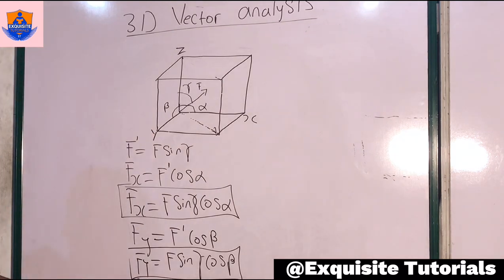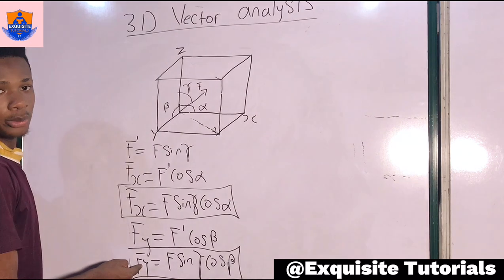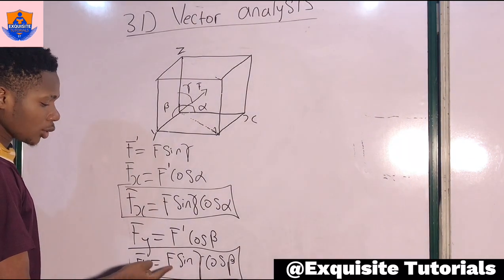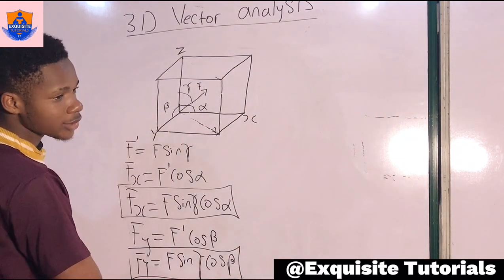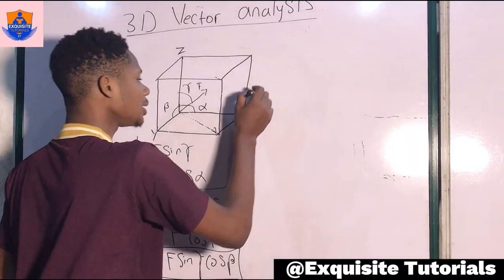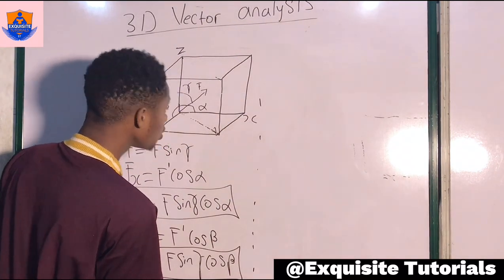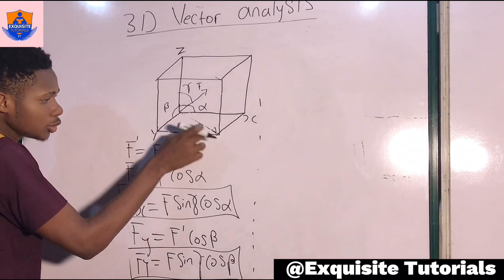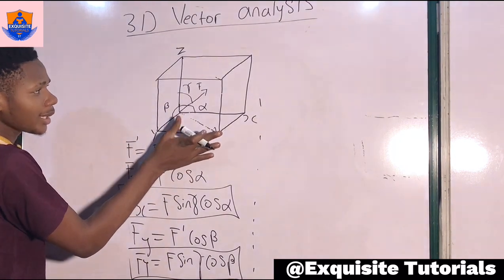Okay, now for this one we're having the resultant component on the y-axis, so it is equal to f sine of gamma cosine of beta. Now how about the z-axis? To get the z-component, we are not going to resolve to this plane that is at the bottom, but rather it is very easy.